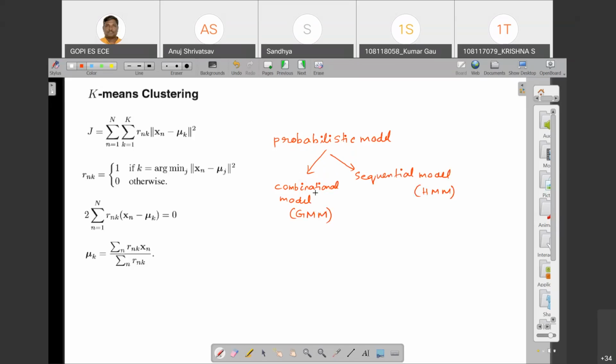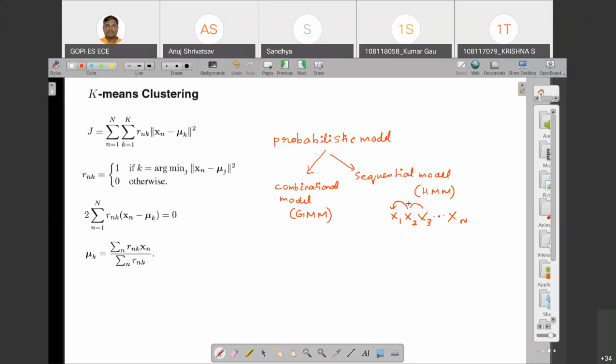This is a very simple combinational model when you compare it to the sequential model, because in the sequential model we have a sequence x1, x2, x3, and so on up to xn taken into account, and we exploit the relationship, how far x2 is correlated with or dependent on x1.